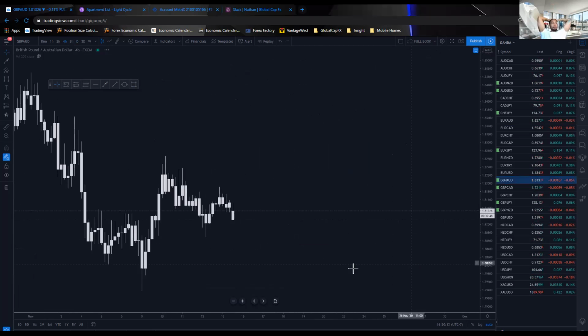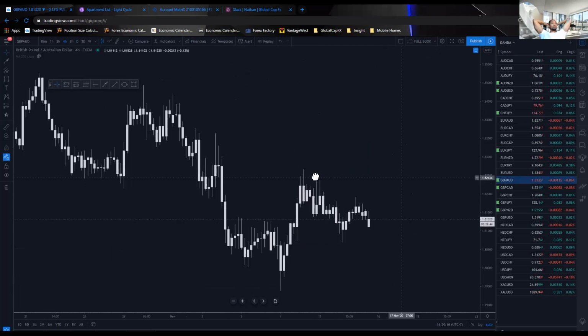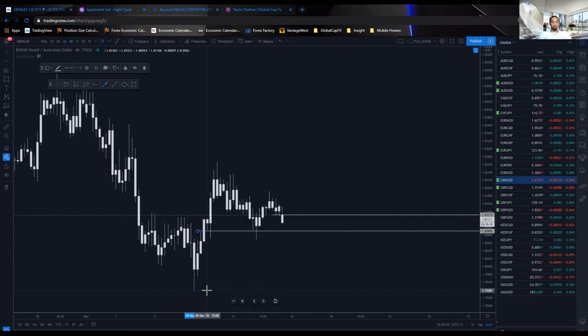I feel like the way we place our stop loss is sometimes based off our risk to reward management and not in respect to the structure. What I mean is, if we're trying to stay within a 3% risk, and let's say you make your entry right here, but your 3% risk stops at this point here.